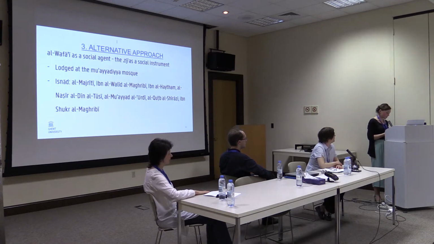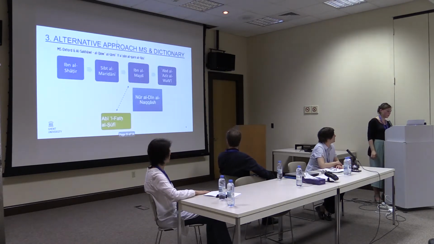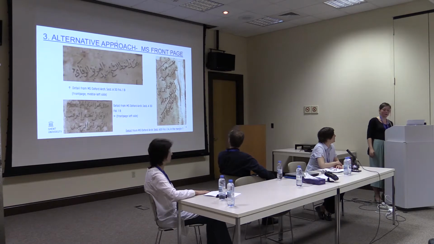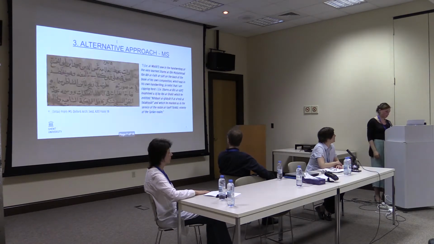Only their names are mentioned, putting Ibn al-Shatir at the end of this knowledge transmission chain, and the name of Al-Wafa'i, who used this manuscript, next to it in the margin. So it's the note in the margin that I showed here, which is next to the introduction.